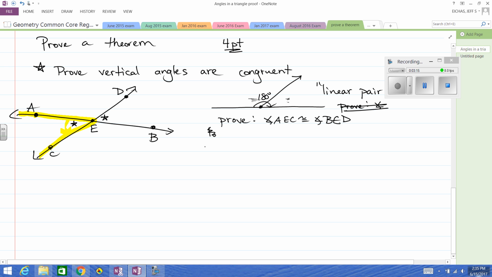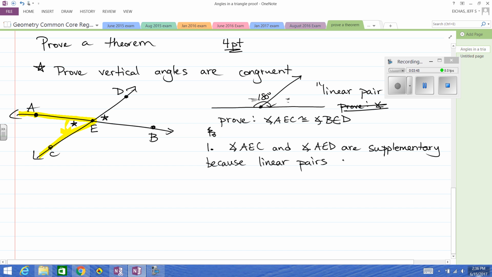That's what we want to prove. So we're going to start out. We see this intersection, and what we have is angle AEC and angle AED are, now I'm going to make a little bit of a skip, but I'm going to explain it, supplementary first, and then I'm going to say because linear pairs are supplementary.